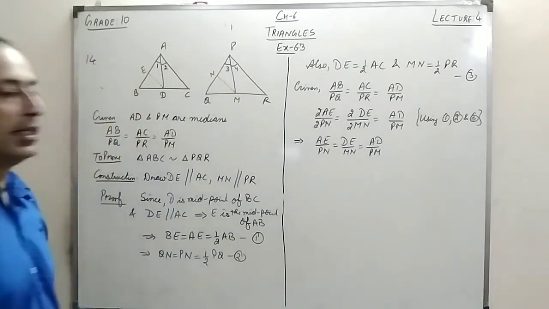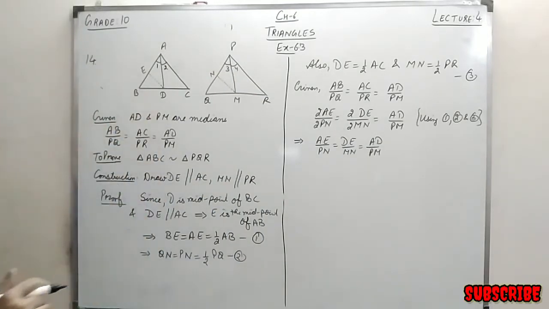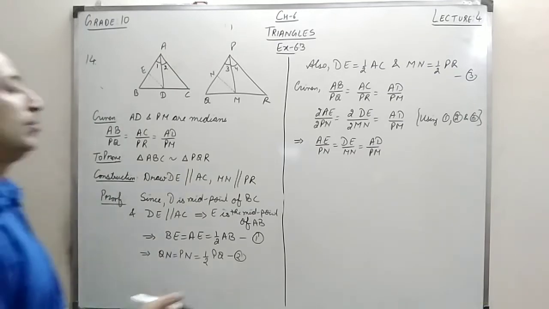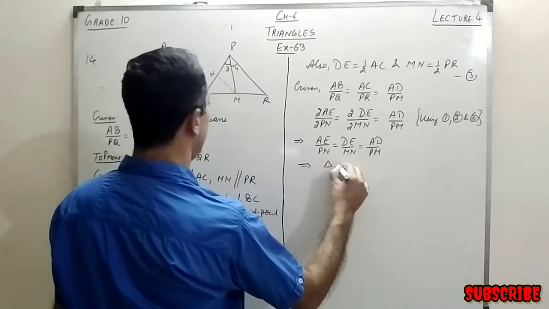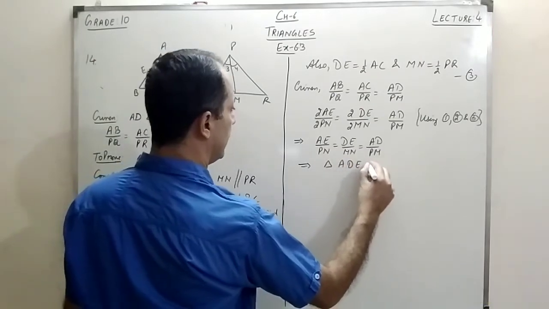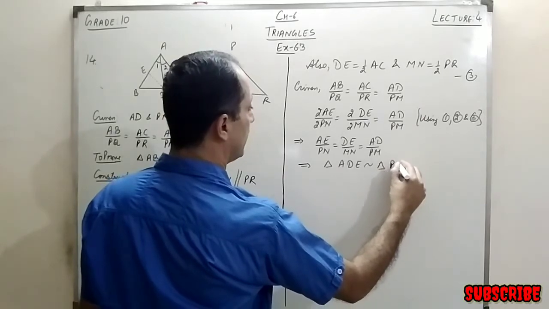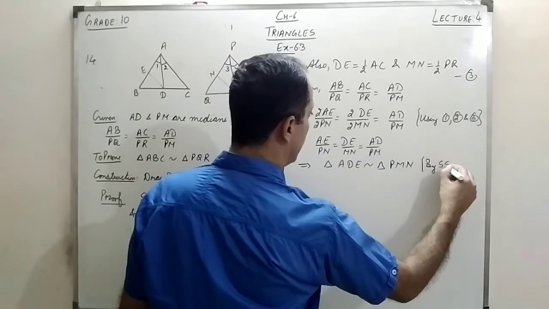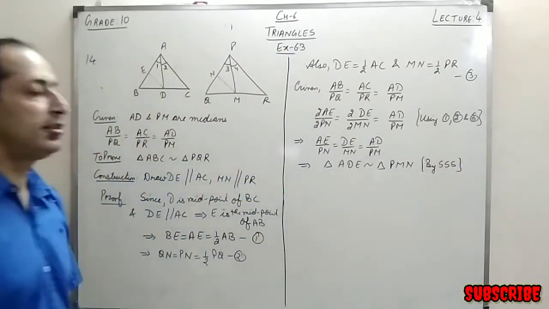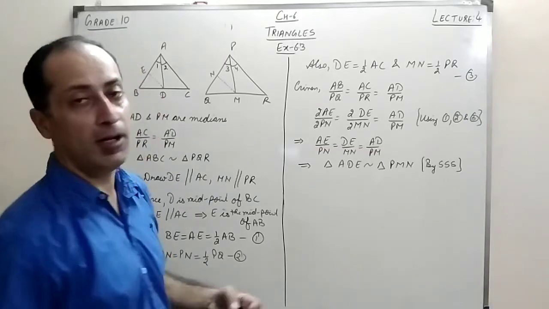Now if you see, these are the sides of triangle ADE and PMN. So I can say that triangle ADE is similar to triangle PMN, and this is my SSS. So by SSS property, the triangle is similar, and when the triangles are similar, obviously the angles also will be equal.